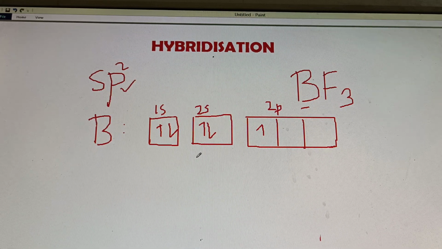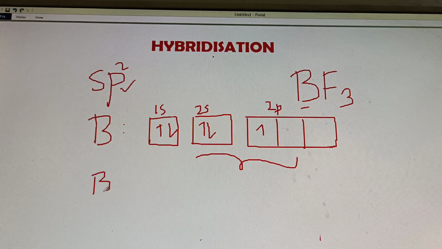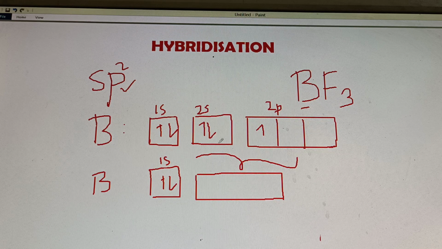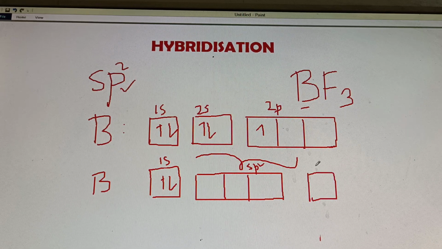So 1s is unaffected, and one 2s orbital and two 2p orbitals will mix up to give 3 sp2 hybrid orbitals, and one 2p orbital will be unaffected.